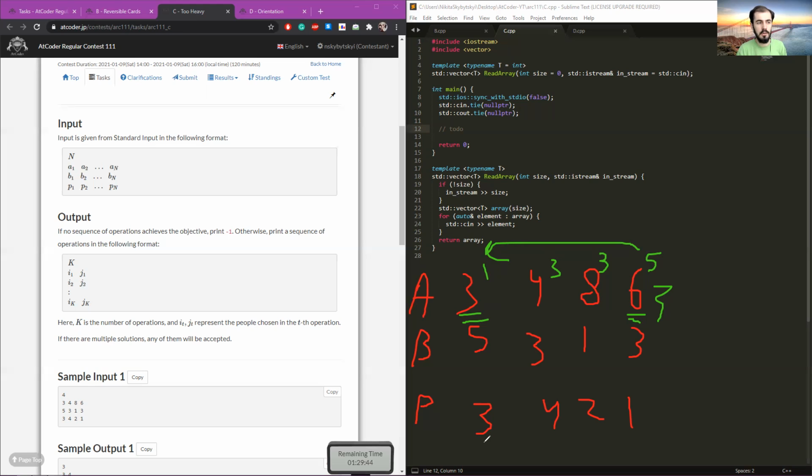And also, we obviously need. Oh, wait, do we need? I'm trying to understand whether it's optimal or not.